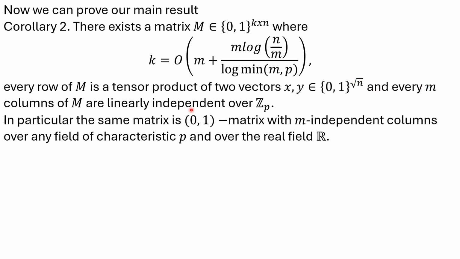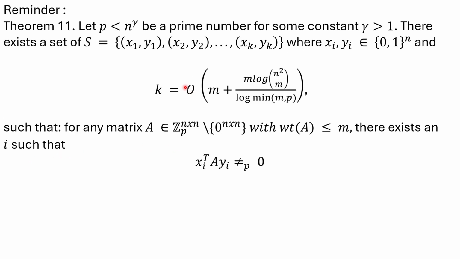And every m columns of M are linearly independent over Zp. In particular, the same matrix is a 0,1 matrix with m independent columns over any field of characteristic p, and over the real field R. We have a reminder for Theorem 11. Let p be less than n to the power of phi, a prime number, for some constant phi greater than 1.